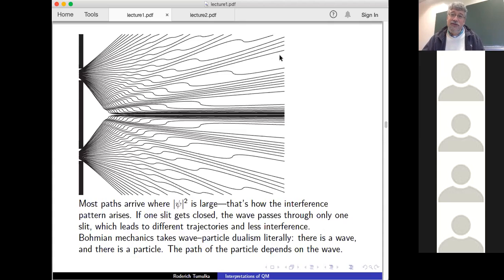So here the trajectories are very non-Newtonian. That's because you have a different equation of motion. You don't have Newton's equation of motion, you have Bohm's equation of motion, where the motion of the particle depends on the wave.